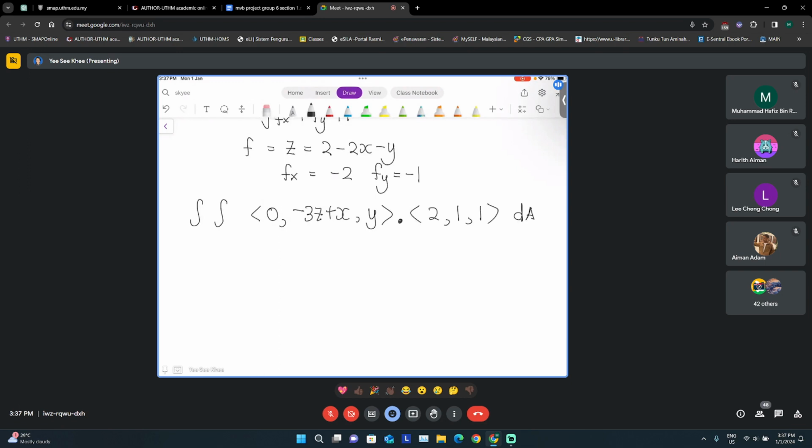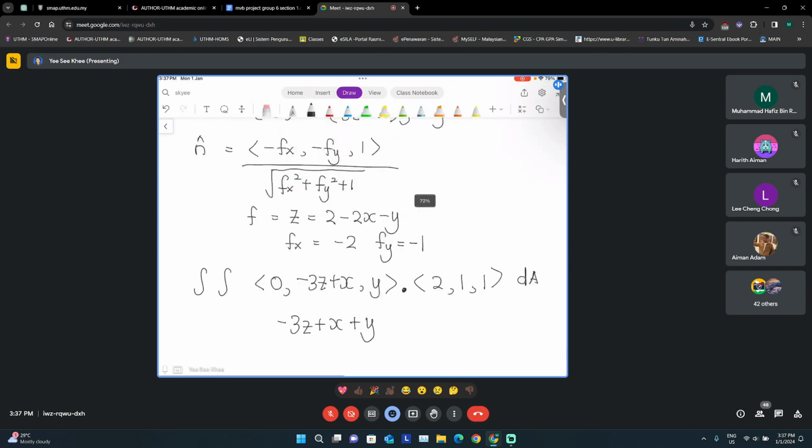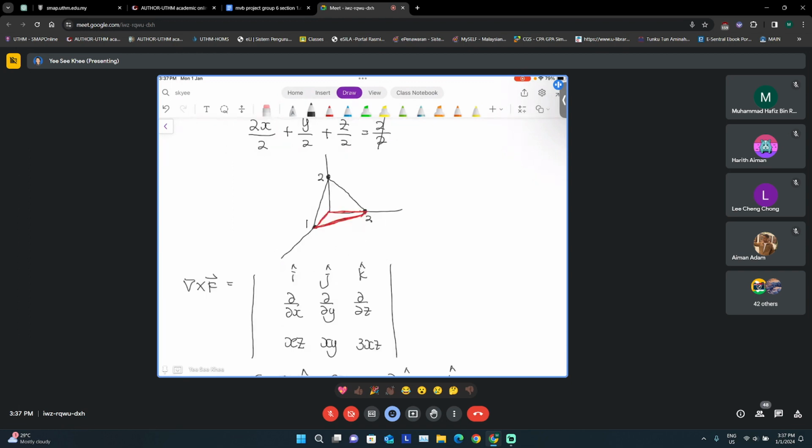So let's settle this first. You have -3z plus x plus y. Is it correct? And for the dA, you have to look at your XY projection. You see a triangle.